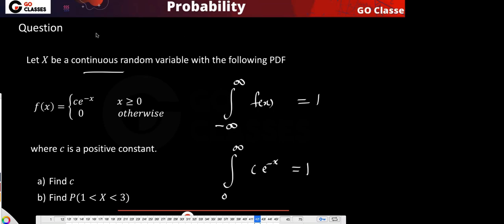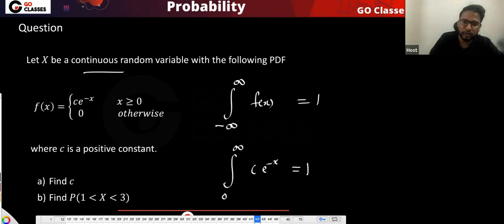First of all, are you okay with why I'm writing from 0 to infinity? It should be from minus infinity to infinity of fx, and it should be 1. This is the same as minus infinity to 0 plus 0 to infinity.